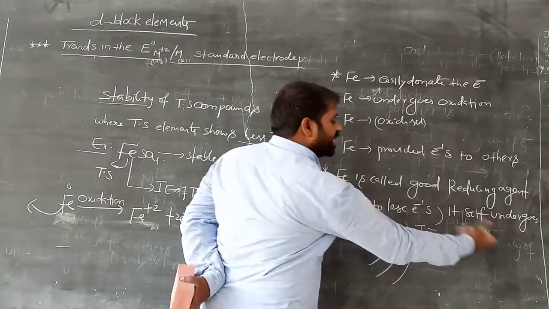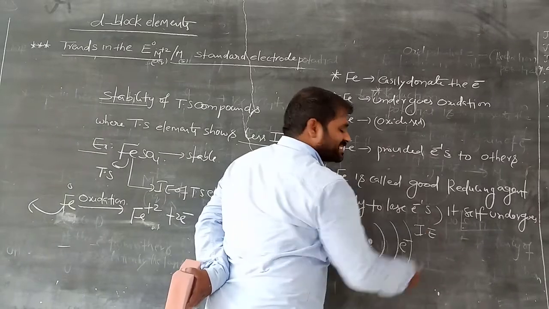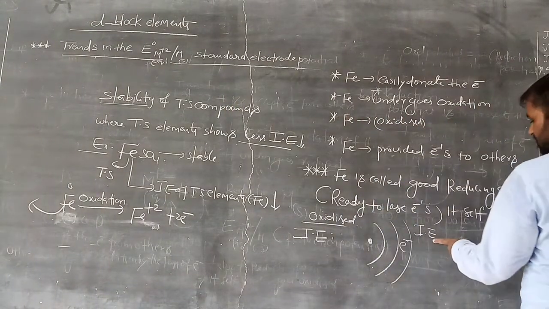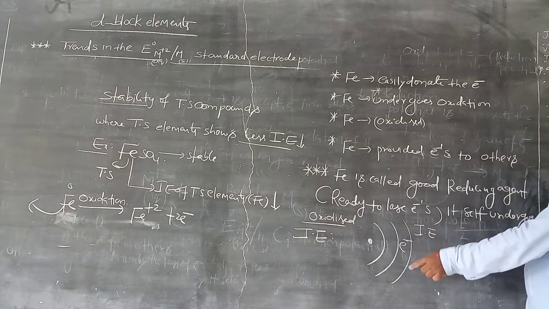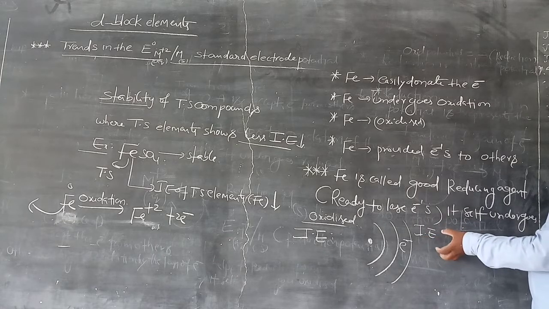If we can easily remove this electron, we have less ionization energy. We offer less energy to remove this electron, am I right? Ionization energy means removing the electron from the valence shell of a neutral isolated gaseous atom. Clear? All of you?